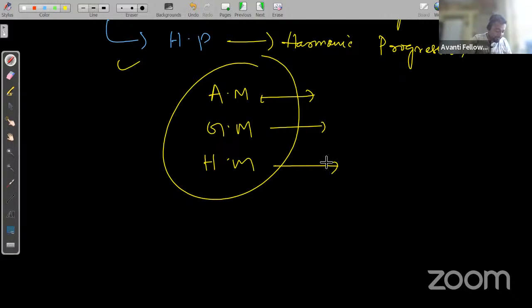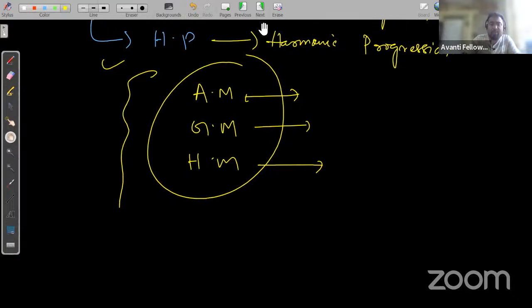Clear? So in the foundation of mathematics, in the first chapter we'll cover arithmetic progression, geometric progression, harmonic progression, and all three means, and the relationship between arithmetic mean, geometric mean, and harmonic mean, in the first topic. So this is all about sequences.